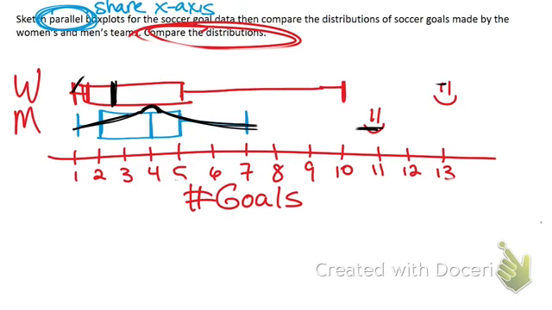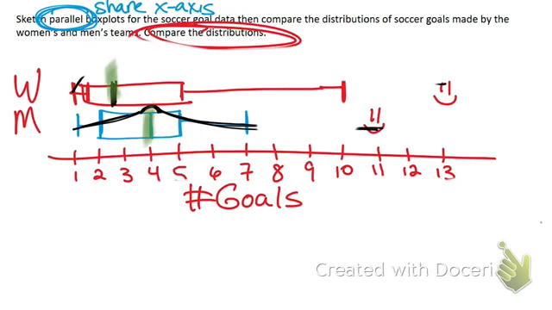Perfect. Center. Look at the box plots, you guys. What seems to be the most obvious choice for the measure of center that you should use? The median. Why? Because we already found it. It's right there. The median's already marked for you.